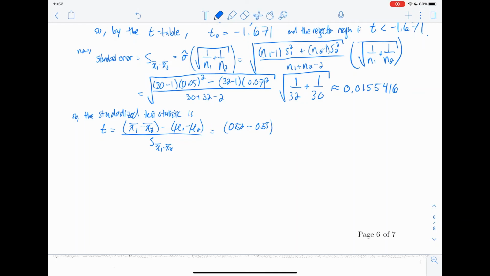In the context of hypothesis testing, the mu1 minus mu2 is always 0. The standard error is what we just computed up above right here. So we're going to rewrite that as 0.0155416. And if you compute this and round it to, say, 3 decimal places, you're going to get approximately negative 1.930.